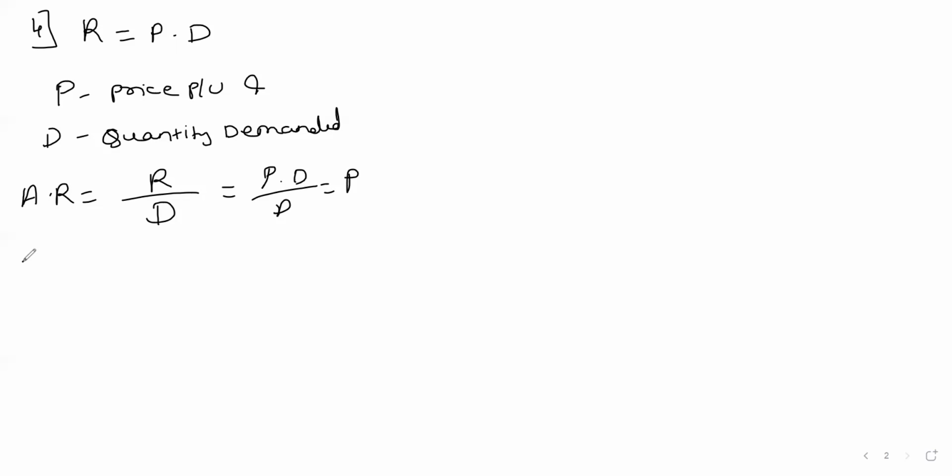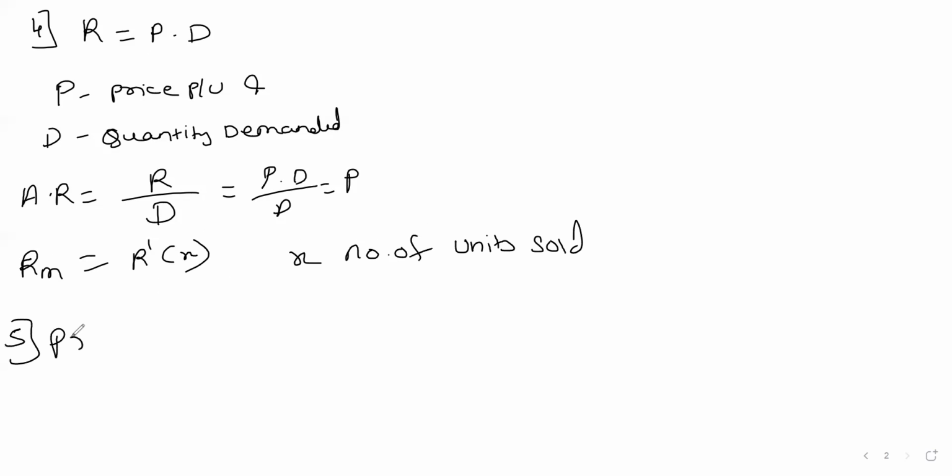Profit. Okay, we'll also write down marginal revenue. Marginal revenue is first order derivative of this, if X is number of units sold. Next is profit function.